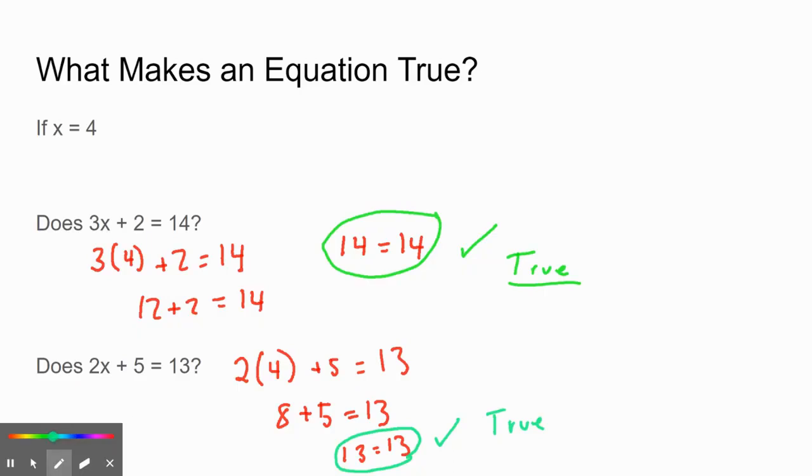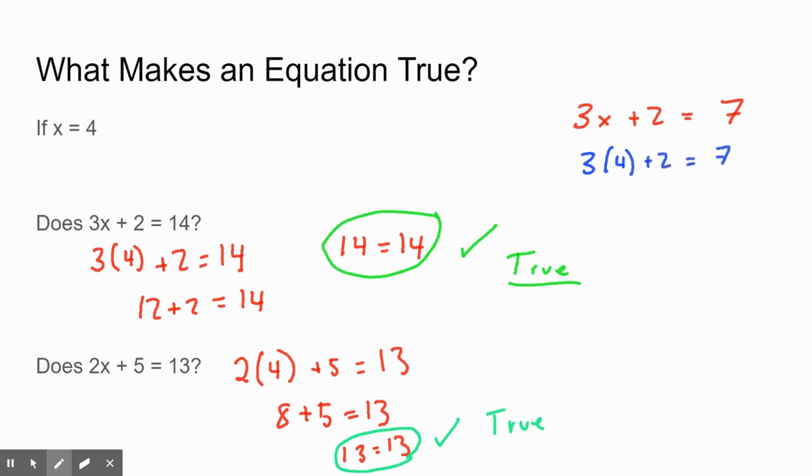We'll just do it real simple. What if we have an equation that looks like 3x plus 2 is equal to 7, because I know that can't possibly be the correct answer. So we'll do the same thing that we've been doing again. We'll substitute in our expression there. 3 times 4 is 12.